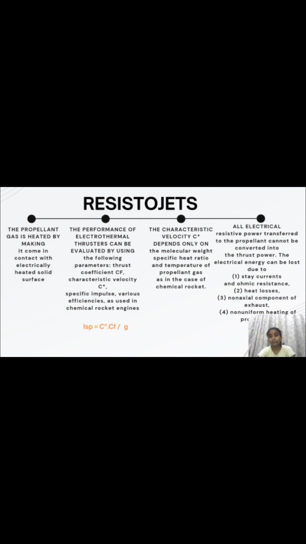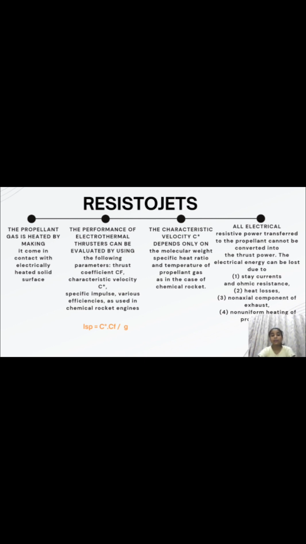Now, let's talk about the fourth point mentioned in the slide. All electrical resistive power transferred to the propellant cannot be converted into thrust power. The electrical energy can be lost due to stray currents or ohmic resistance, heat losses, and non-axial components of the exhaust.